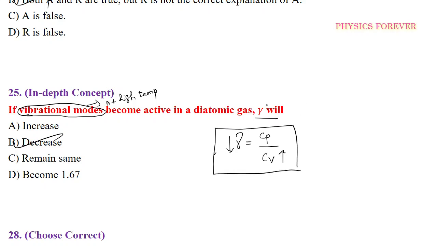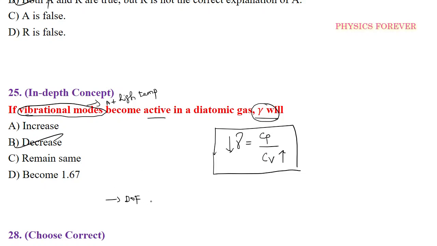Here what is asked is the specific heat ratio. When the specific heat capacity at constant volume increases, the ratio decreases. We know that when the vibration mode is active, the degree of freedom increases.